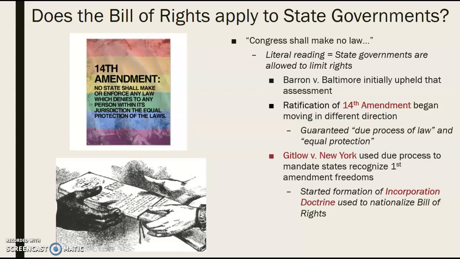So, as I said at the end of part one, this started that continuing trend of slowly but surely applying each of the 10 amendments, each of the Bill of Rights pieces, at the state level, and that's incorporation. So the incorporation doctrine was started in Gitlow, where they used the 14th Amendment to apply the Bill of Rights to the state governments.